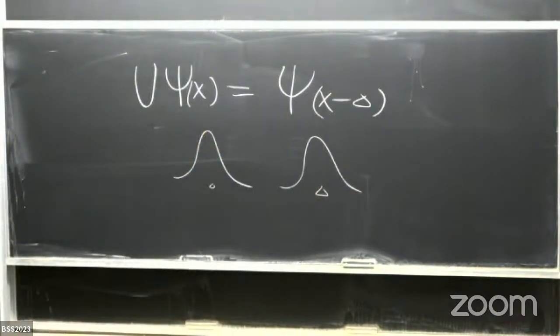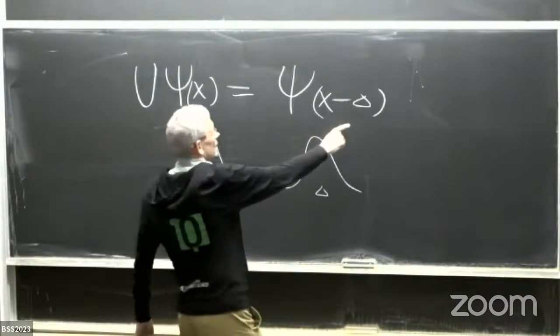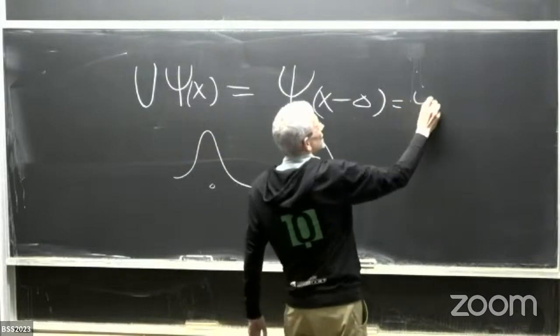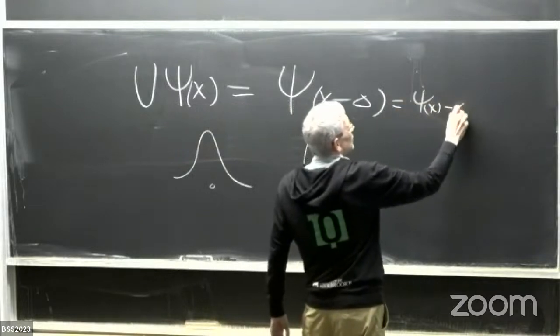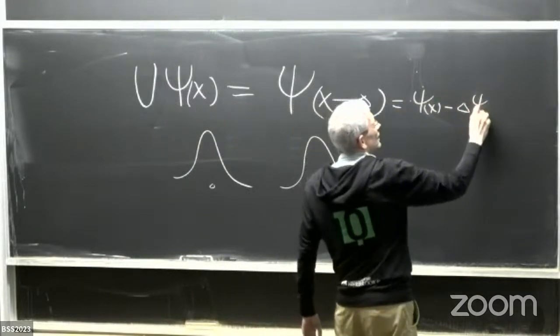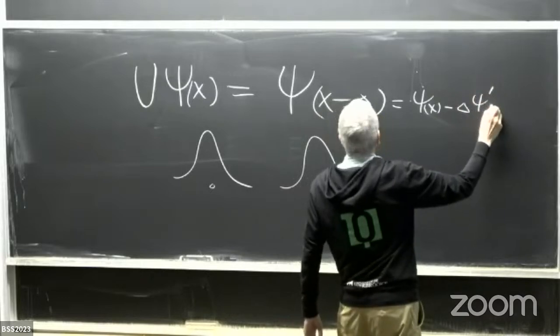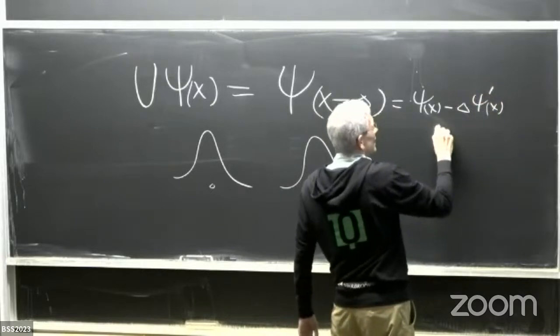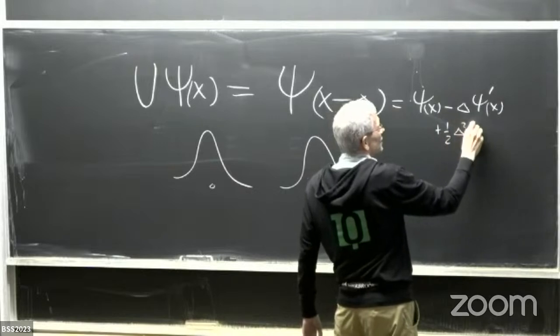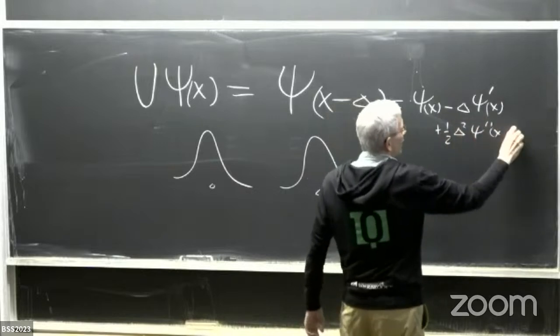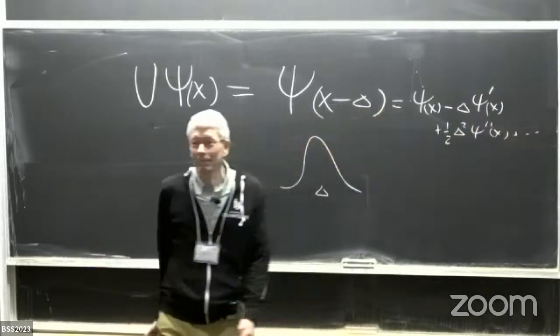So this is psi of x. Well, let's Taylor series expand this. This is psi of x minus delta psi prime at x plus 1/2 delta squared psi double prime of x plus blah, blah, blah.